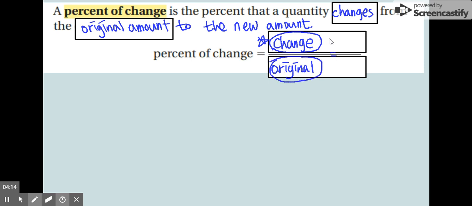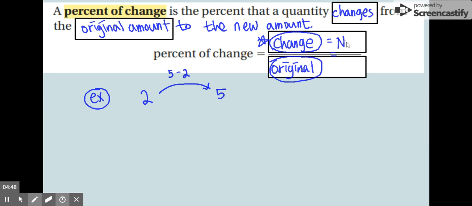How to find the change? You can find change by subtracting the original from the new amount. So for example, if 2 is changed to 5, what is the change? Change here, 2 to 5, you have to subtract 2 from 5, right?